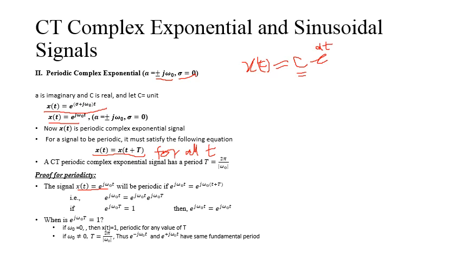If I replace t with t plus capital T, then I have x of t plus capital T equals e power j omega naught, replacing t with t plus capital T. If this is periodic, then if I expand it, I will get this expression.